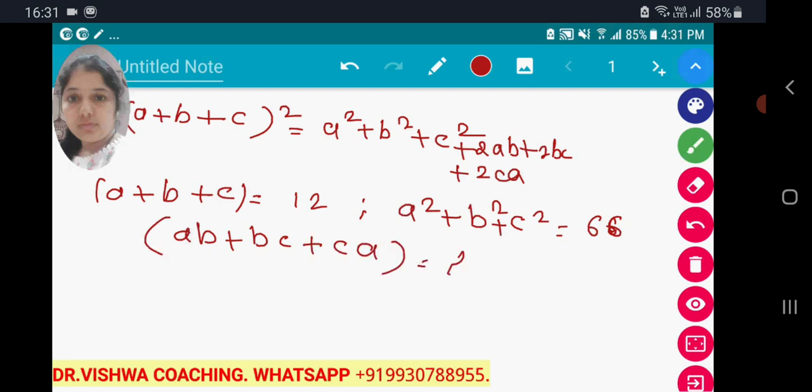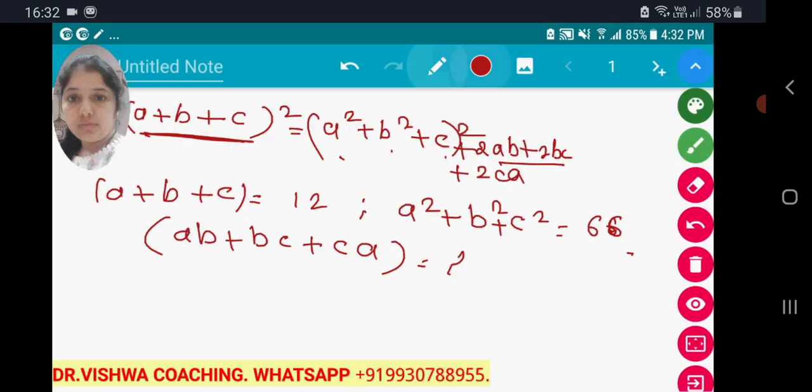Now if you look at our formula carefully, you can see that we know the value of a plus b plus c, whose square we have to take. We also know the value of a square plus b square plus c square, which is equal to 66. Now what can we do with the remaining three terms?